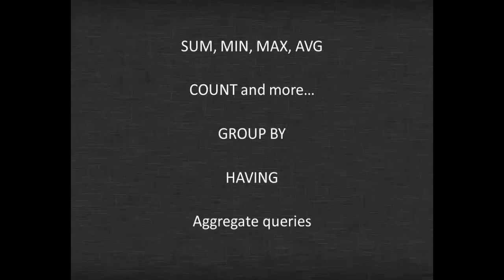We'll also look at two standard SQL clauses that are used when you're building aggregate queries. Group by, which is designed to group or aggregate different rows of your query, and having, which is used to filter rows in an aggregate query. We'll spend some time illustrating and talking about why there are different rules for aggregate queries.